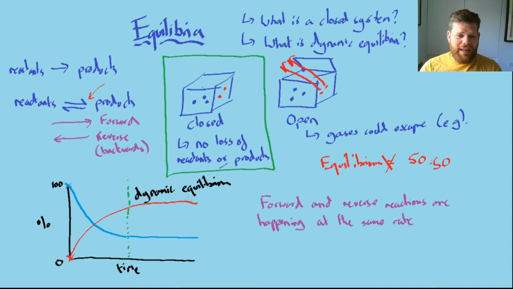To illustrate that, looking at this graph here, you can see that my products are somewhere at the 75% mark and my reactants are at the 25% mark, and they just stay at those levels. So the key definition of dynamic equilibrium is that it's when the forward and reverse reactions are happening at the same rate, and this can only occur in a closed system.